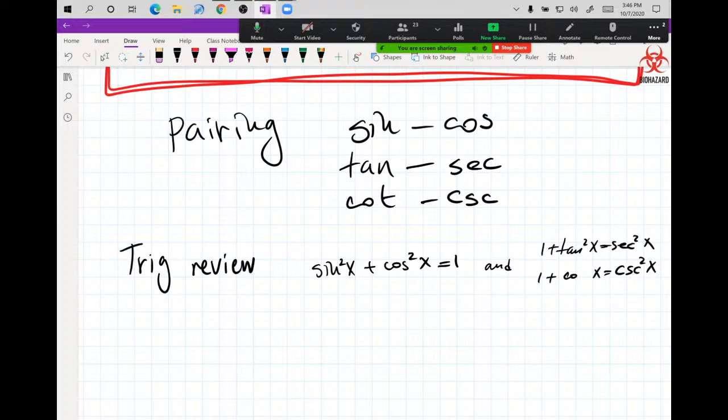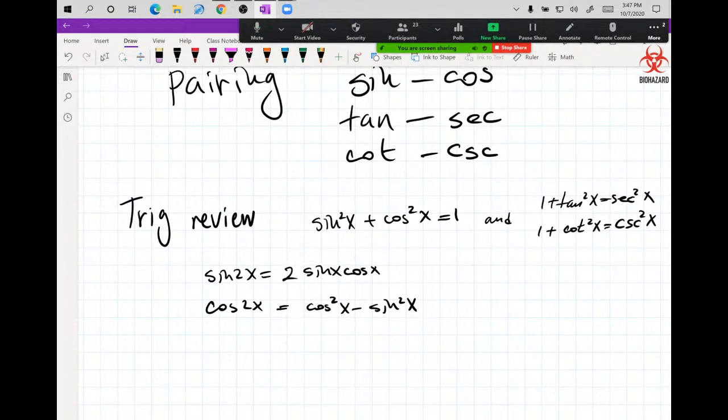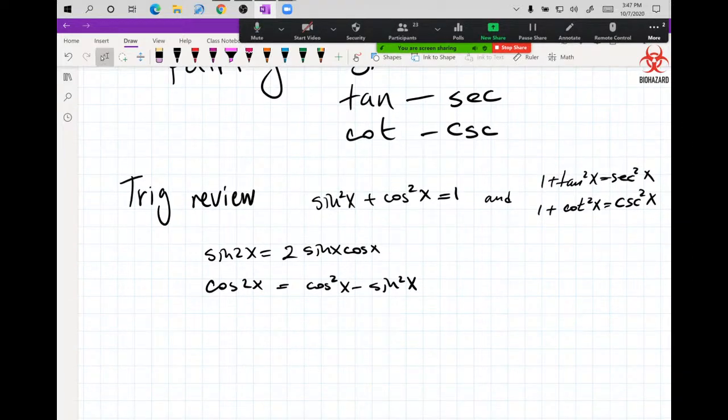Observe that the Pythagorean identities over here also follow the same pairing you guys have in calculus. Sines only with cosines, tangents only with secants, and cotangents only with cosecants. You also need sine 2x is 2 sine x cosine x, and obviously cosine 2x is cosine squared x minus sine squared x. Tangent is not that important because you can literally write, you know, division of these if you need it, but rarely you do.